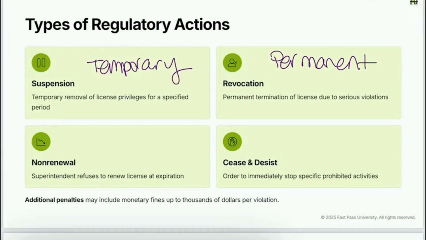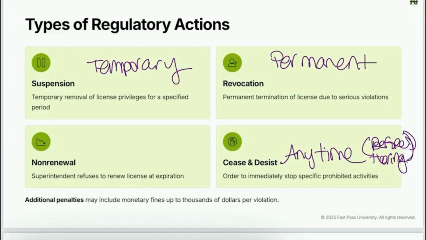Another type of regulatory action would be a cease and desist, and these can go out at any time in the process. A lot of the times they're going to go out before even the hearing, because they suspect a violation is going on, and they're going to send out a cease and desist, which is an order to immediately stop specific prohibited activities.